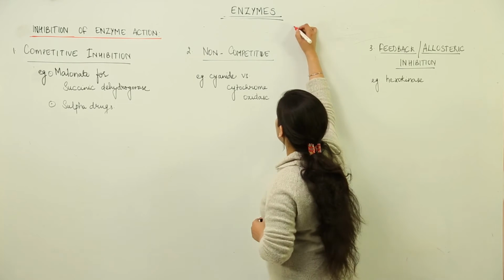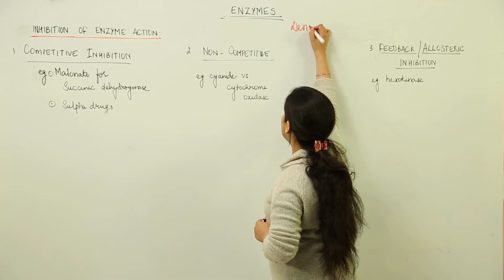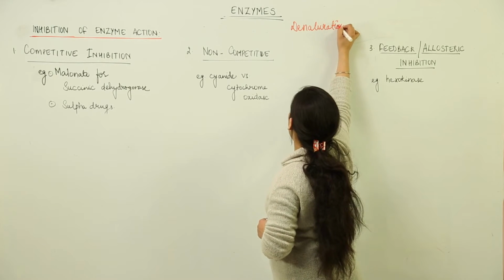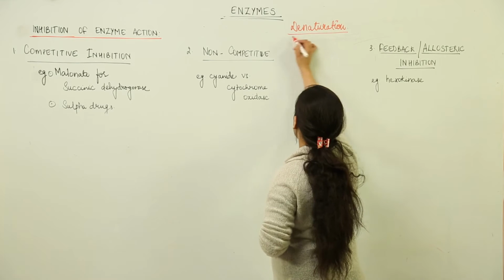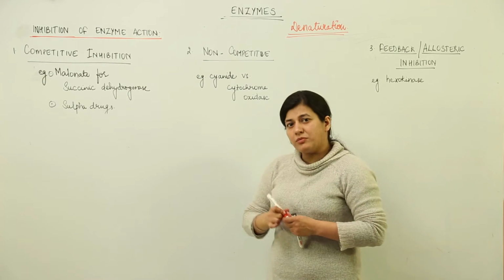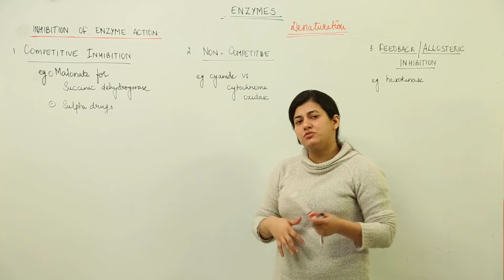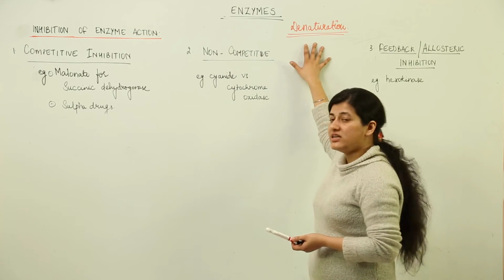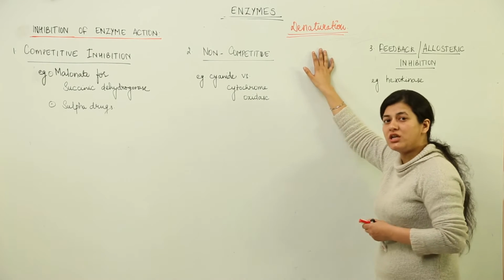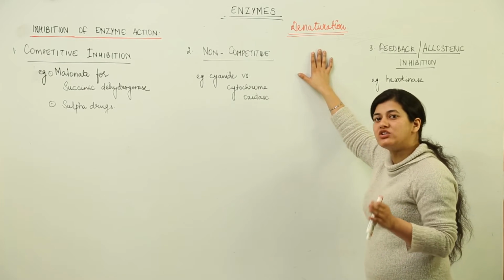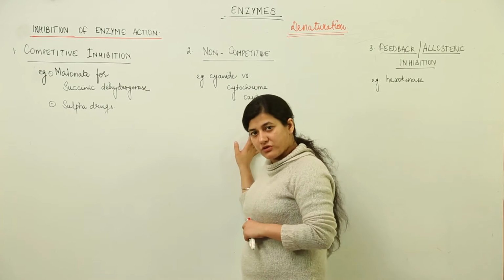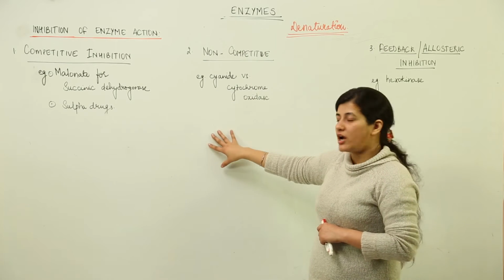Do remember that, as the name suggests, in denaturation the bonds of the enzyme break, the protein loses its structure, and the active sites are gone. The factors responsible for denaturation are mostly pH and temperature.